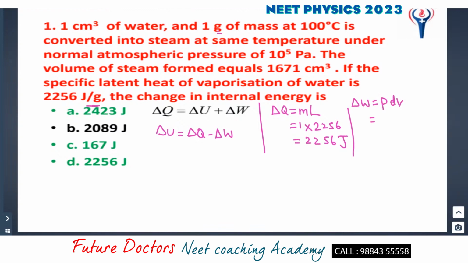That is equal to 10⁵ into ΔV. ΔV is 1671 cm³ minus 1 cm³. 1671 minus 1 gives 10⁵ into 1670.